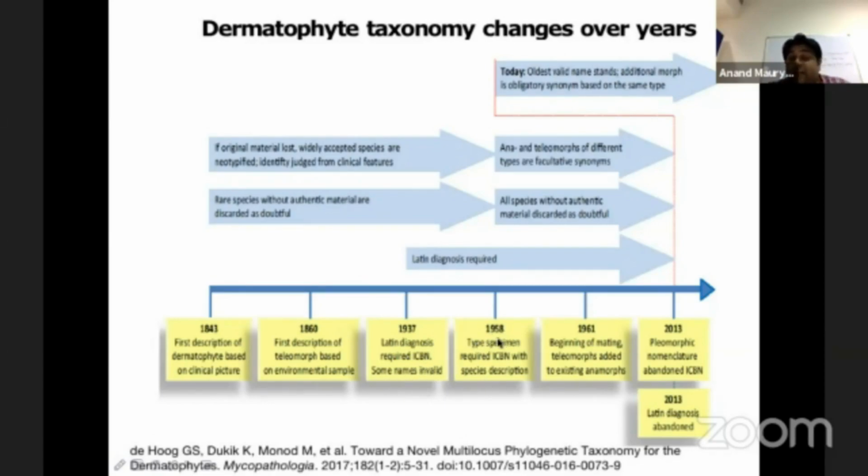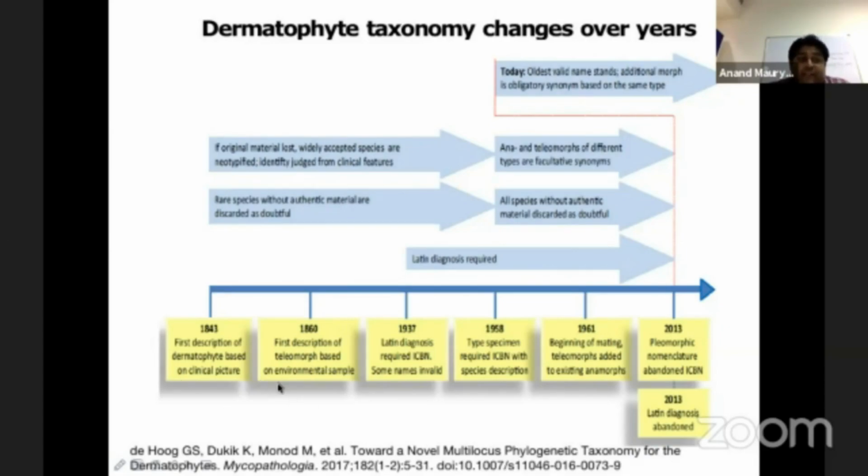After that, in 1958, a type specimen was required by the ICBN with the species description. In 1961, there is the beginning of mating, and the teleomorph was added to the existing anamorph. In 2012, you can see a pleomorphic nomenclature maintained by the ICBN. So you can see how the trend is changing.